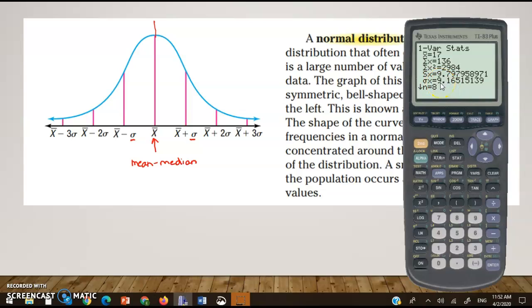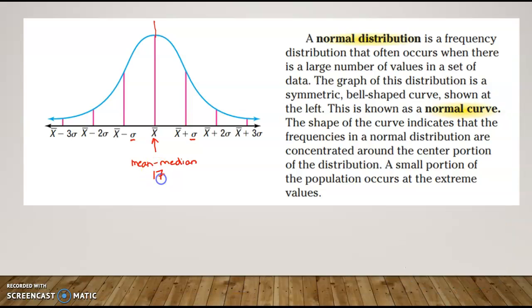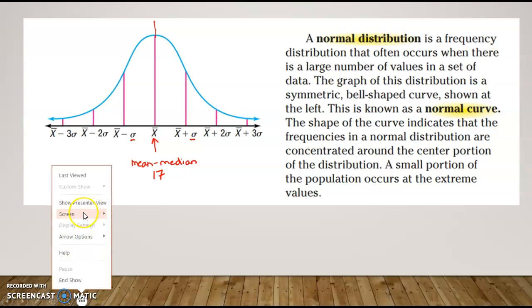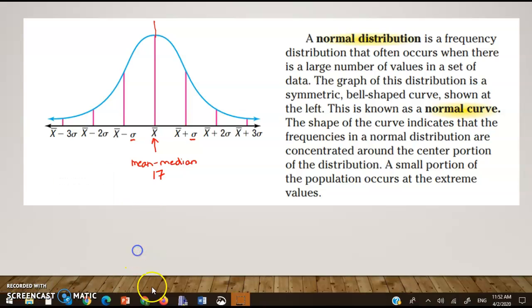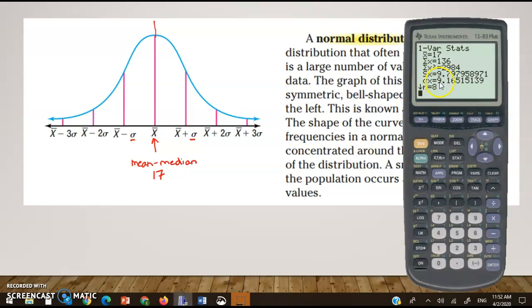So what this is meaning is that your mean in the middle, on this we're looking at, is 17. And then our standard deviation that we got there was 9.2.